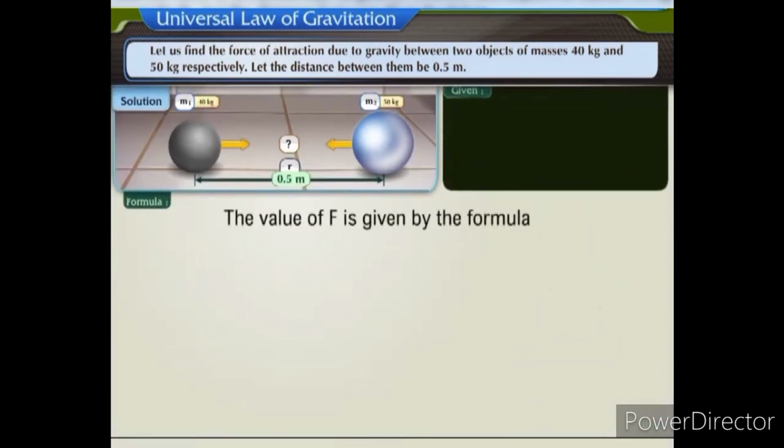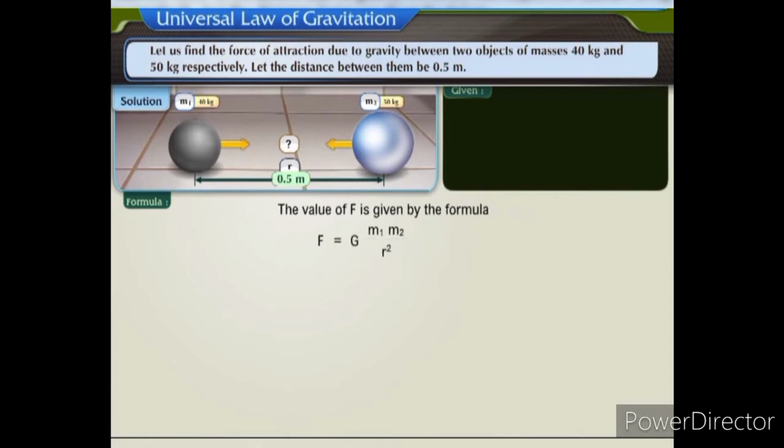The value of F is given by the formula F is equal to G into m1 m2 upon r square. Substituting r is equal to 0.5 meter, m1 is equal to 40 kg, m2 is equal to 50 kg, and the value of G is equal to 6.67 into 10 raised to minus 11 Newton meter square upon kg square.